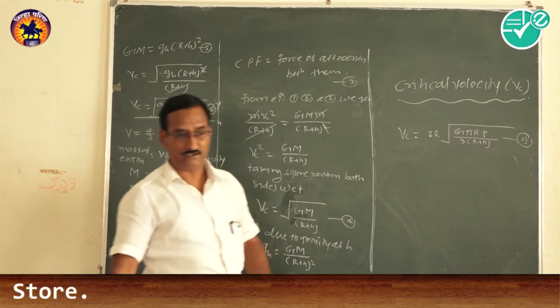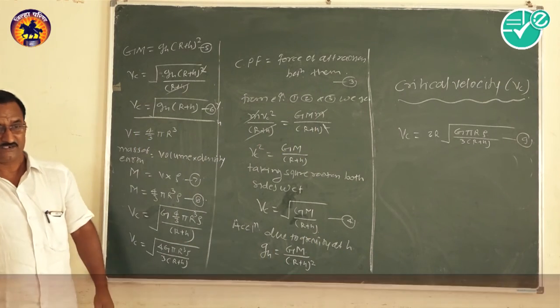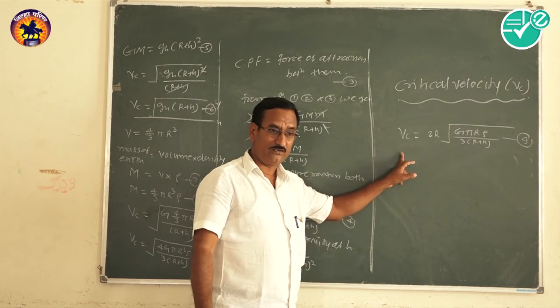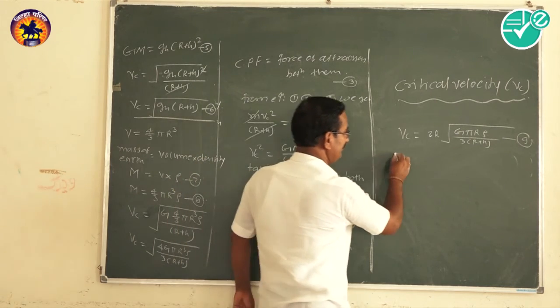That is the critical velocity of the orbiting satellite around the Earth at the height h.